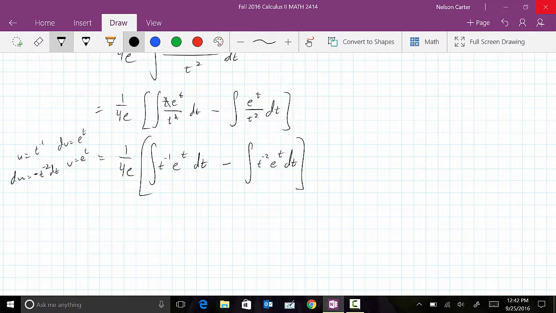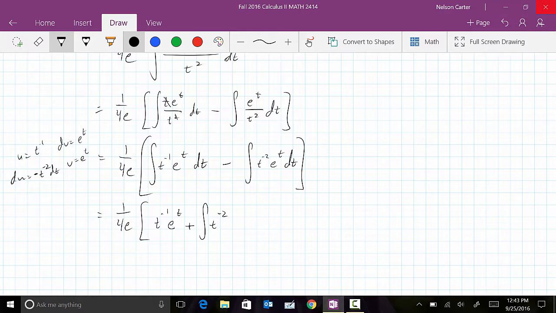Over here, I think we're going to have to do kind of the same deal. Let's see how this first one turns out first. u times v minus the integral of v du. So there's the plus, and you're going to get t to the power negative 1 e to the power t.